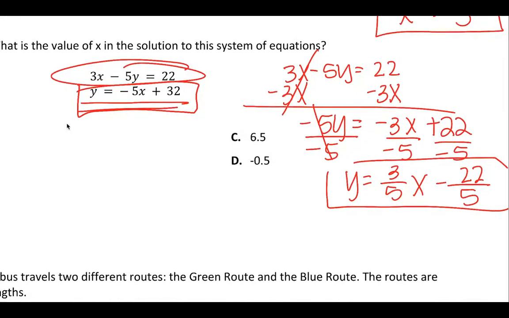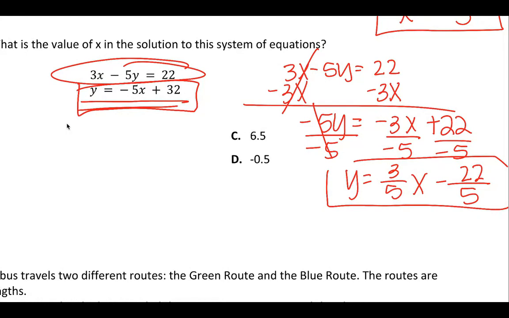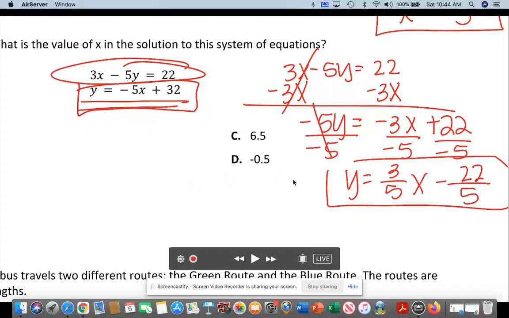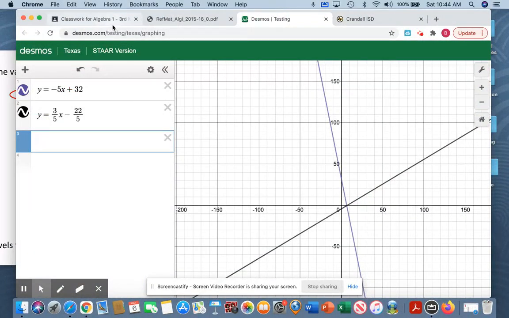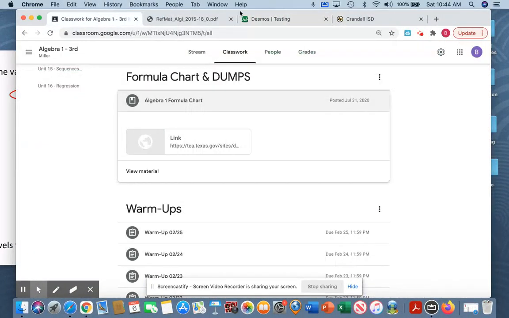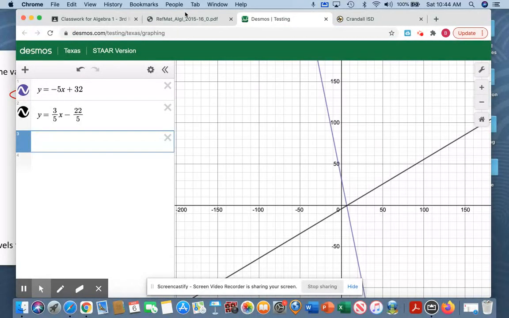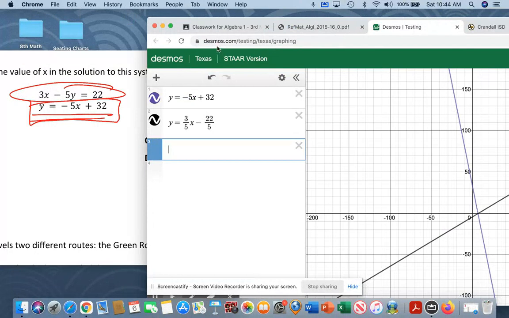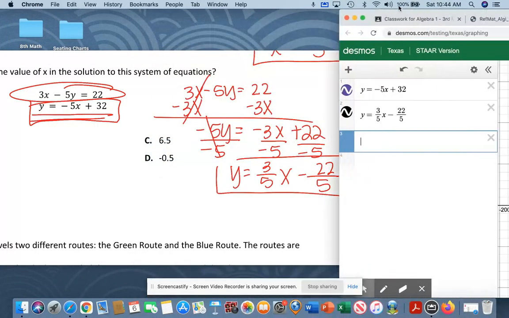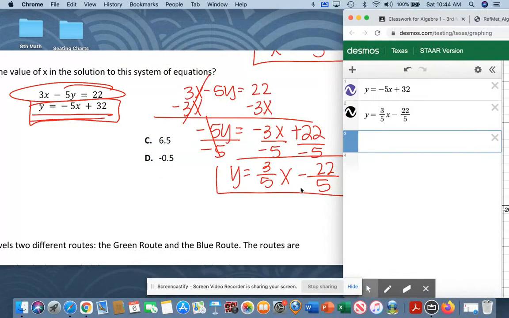Oh my gosh. What did I do now? Y'all. Oh my goodness. Negative 5x plus 32. Okay. Then this guy, 3/5 x minus 22 over 5. Right? Minus 3x, minus 3x.